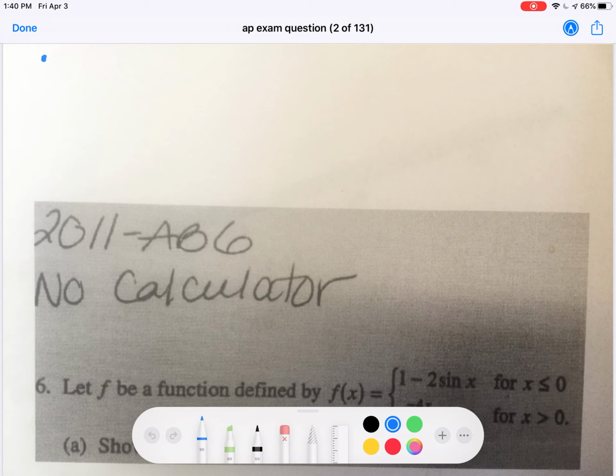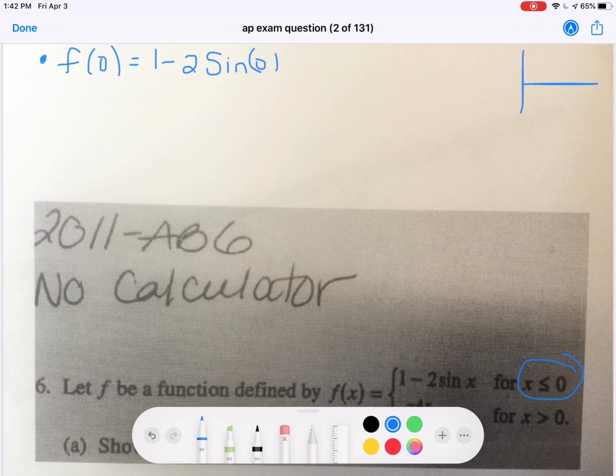First thing we need to do is see what the function value is, if it exists. So let's find f of 0. If I want to find f of 0, I'm going to go into this piece, right? That's the domain that it falls in. So I'm going to use 1 minus 2 sine of 0. Everybody remember what the sine of 0 is, right?